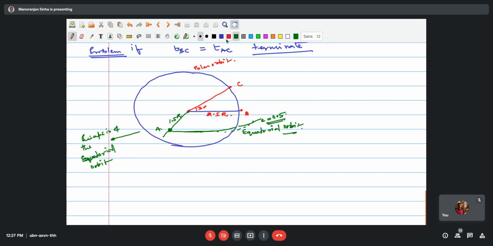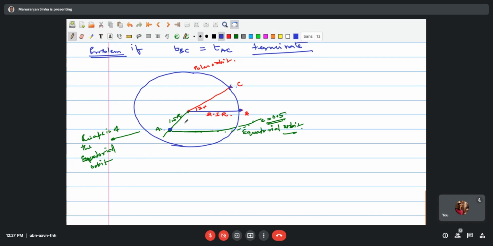So we have to design an impulse such that while satellite A is at A and satellite B is at B, as satellite B moves from this place to this place, satellite A has to start from this place and catch up here at C. You can see that B is moving in the polar plane while A is moving in the equatorial plane.